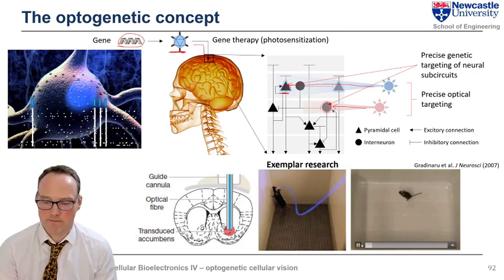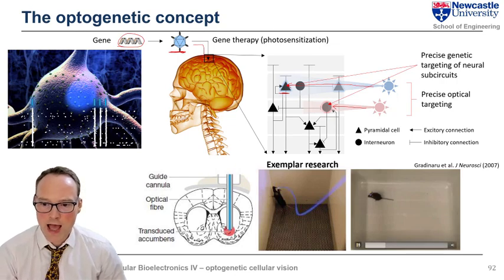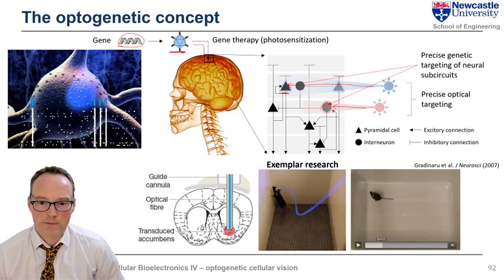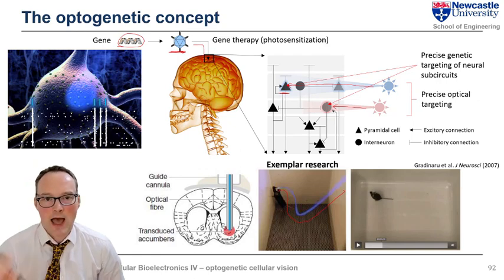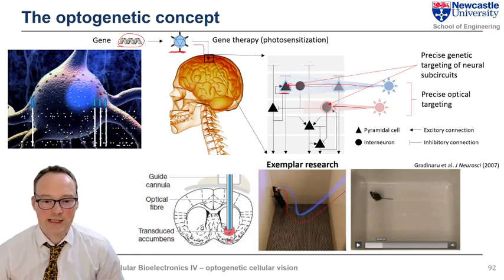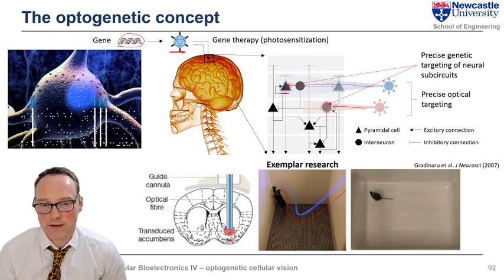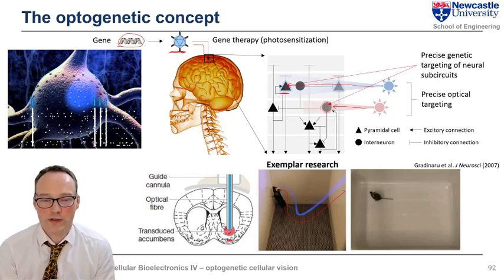This is a video from some years ago. This is of a mouse, and if we pause it for a second, this mouse has an optic fiber coming from external to the head, and the optic fiber is illuminating a part of its brain which decides motion, and this particular part of its brain has been optogenetically photosensitized, so those neurons will be activated by light.